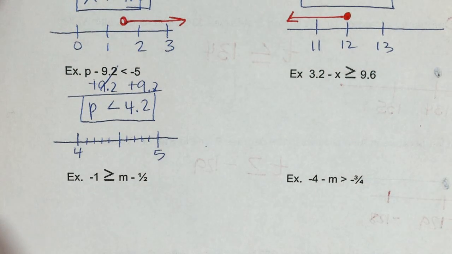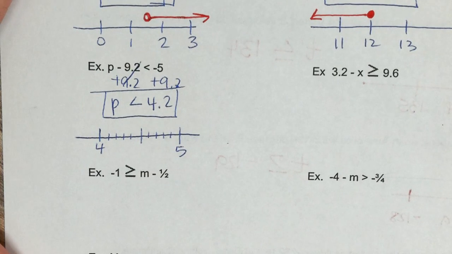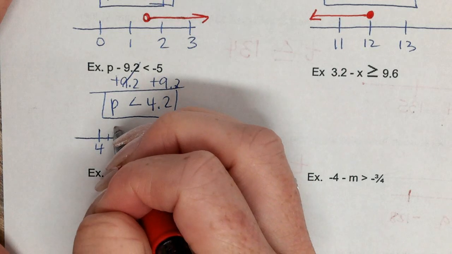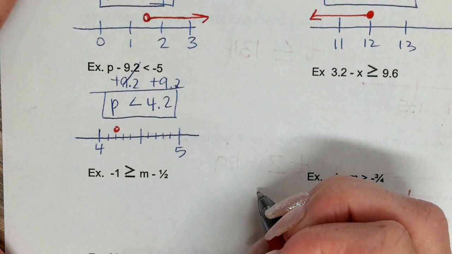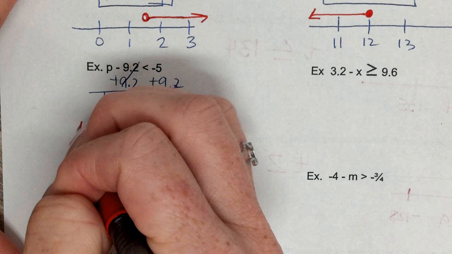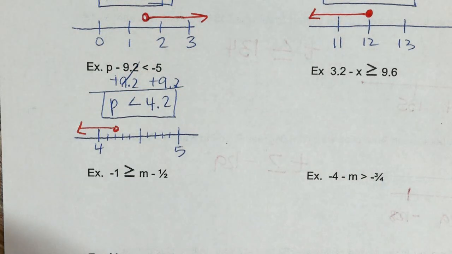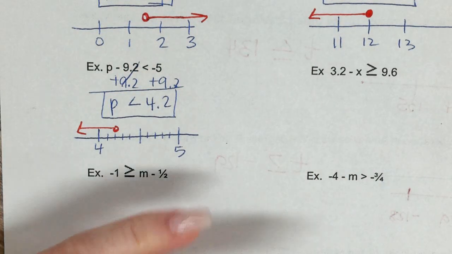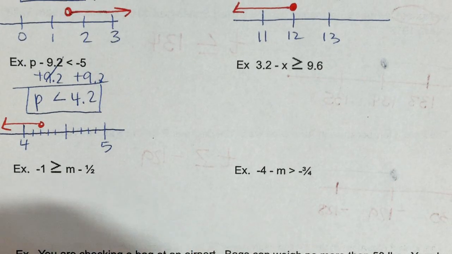That'd be a good way to graph this, yes? And 4.2 is going to be right here, so it'd be an open dot shaded to the left. Okay, try the next one on your own. Oh, this one really shouldn't be on your assignment because this is a multiplying one.